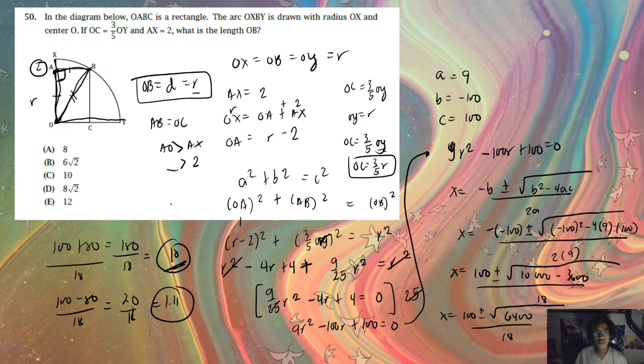Therefore, since x is equal to 10 after having solved it using the quadratic formula, OB is equal to 10 units. And that's how we solve this problem.